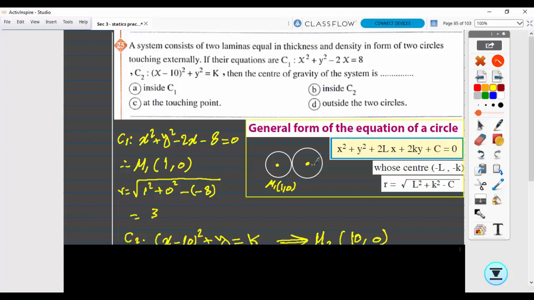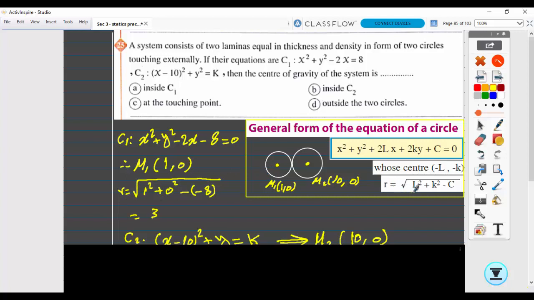What is the center of the second circle, M2? It is in standard form, so the x coordinate of the center equals 10 and the y coordinate equals 0. What is the length of the radius of the first circle?